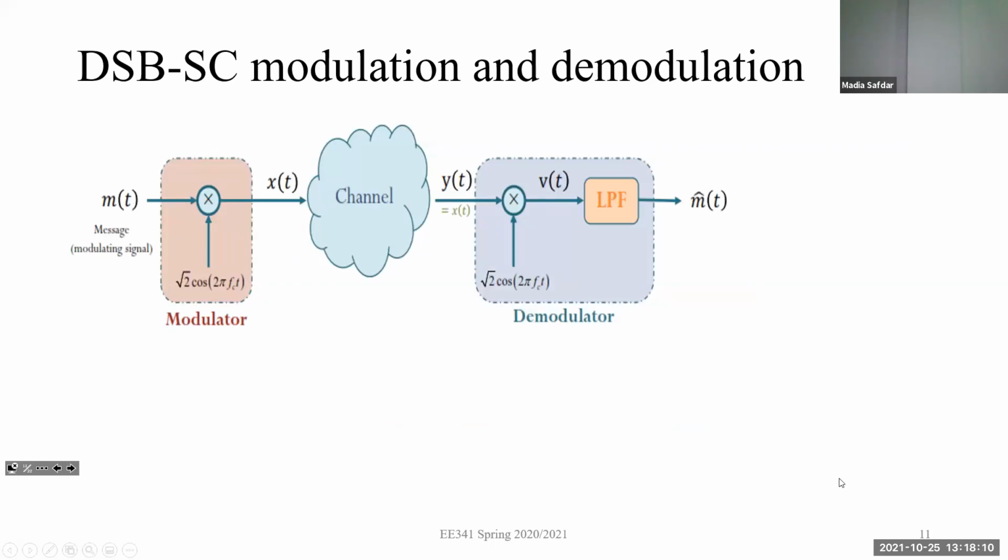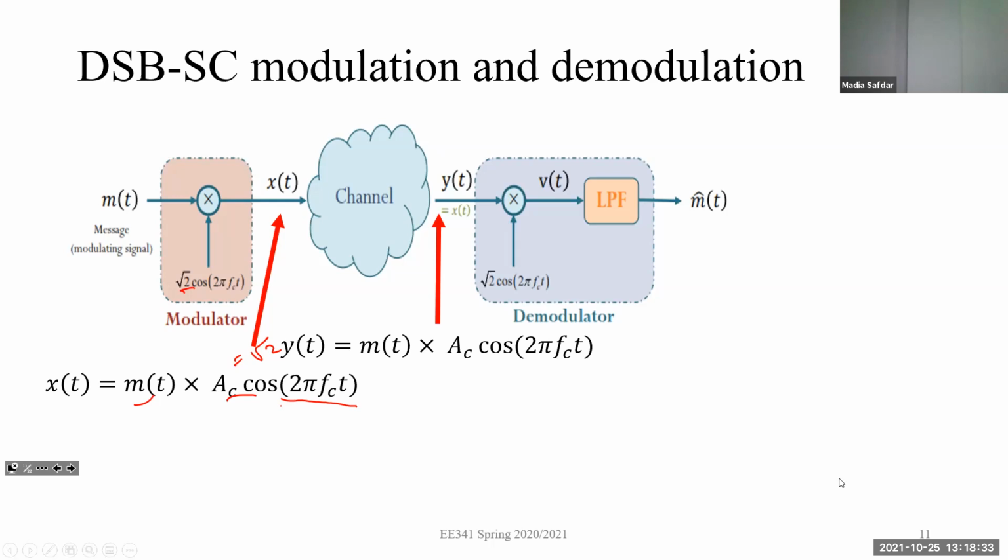So now this is the same thing here. I was asking you what is this? m of t, my message, and AC is equal to square root of 2. This is the amplitude of this carrier signal, cosine wave. Then y of t is m of t into AC cosine of 2 pi fct.